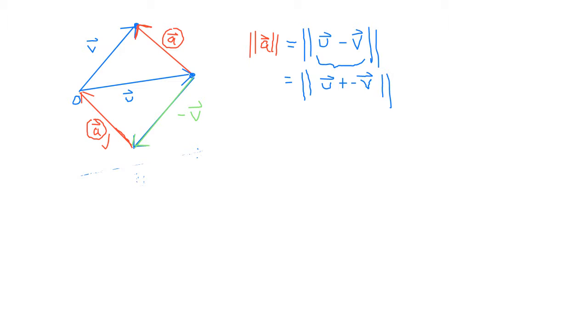Hong's comfortable, Eleanor's comfortable, and u plus negative v is the same as u minus v. So that's how that geometrically shows you, it's an intuitive proof of why they come up with this definition for the distance between two vectors u and v.